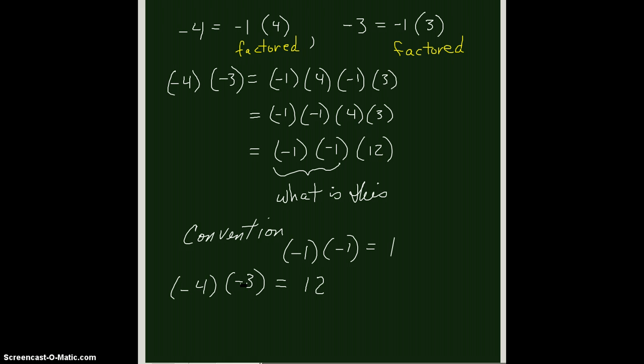A negative times a negative is positive. And just like we had before, we have the same signs, and that gives us a positive result. So for multiplication of two real numbers, it's quite simple. All we have to do is look at the signs on the numbers.